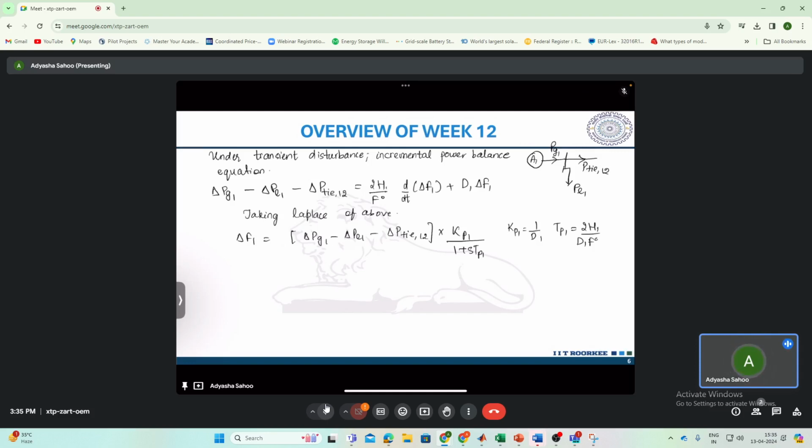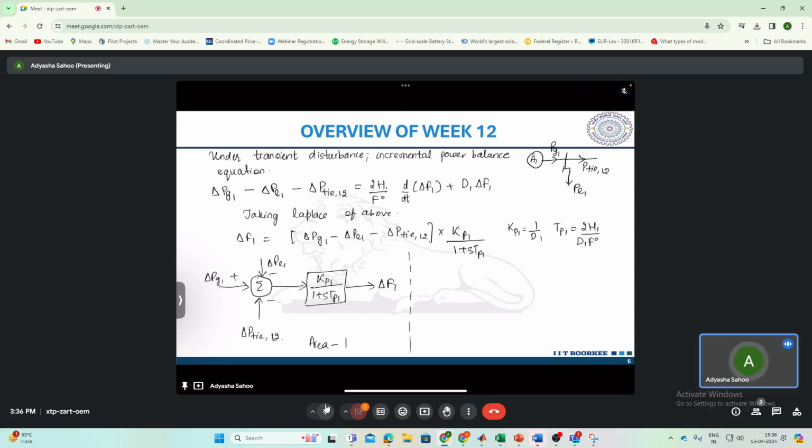So here if I draw the block diagram for this, we have a summation, so positive PG1 minus PL1 and minus P12, multiplied by this Kp1 over 1 plus sTp1 will give us the change in frequency delta F1. So that is for area 1.